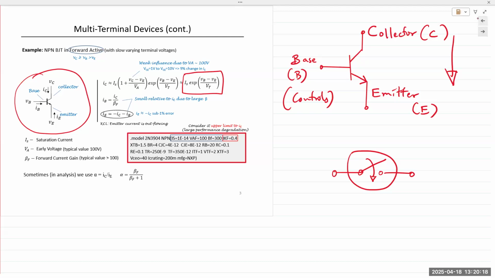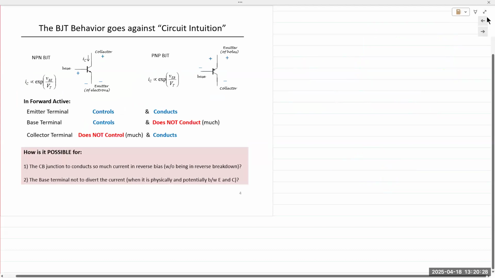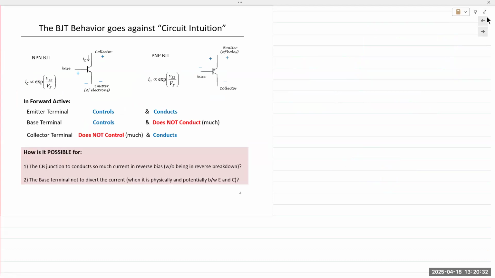We'll look at all other terms later on. But let's go to behavior and then the physical construction of a transistor.